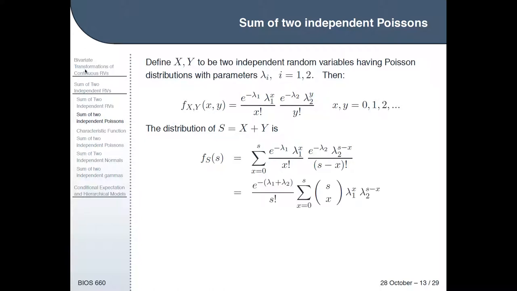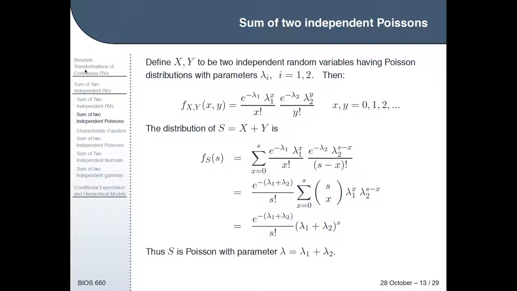And if you pull the constant parts out of the summation sign, you end up with something that looks like the sum from x equals 0 to s of s choose x times lambda 1 to the x, lambda 2 to the s minus x, which, of course, by the binomial theorem, is just equal to e to the minus (lambda 1 plus lambda 2) over s factorial times (lambda 1 plus lambda 2) to the power s.